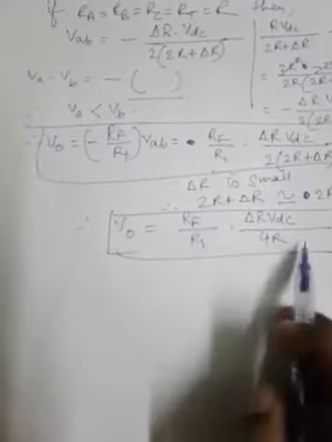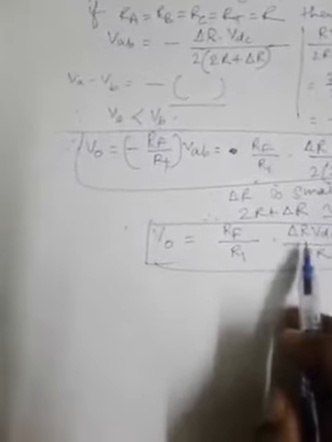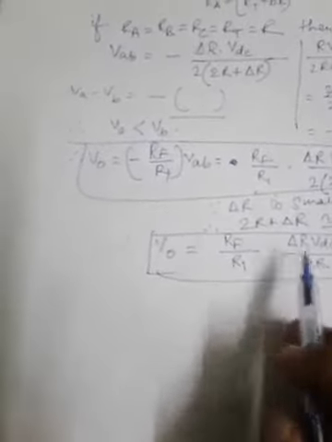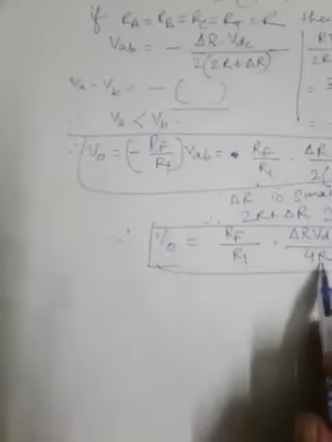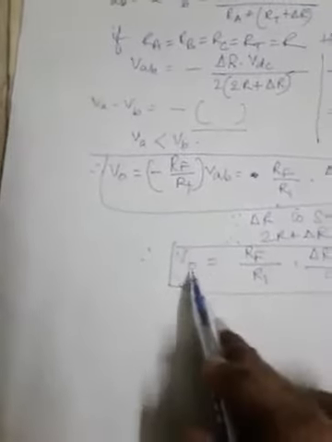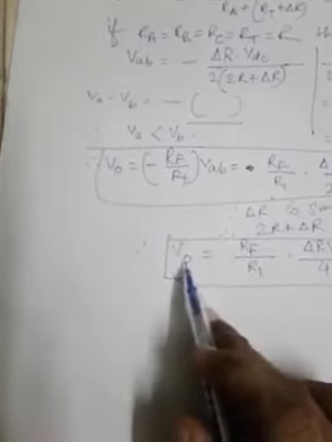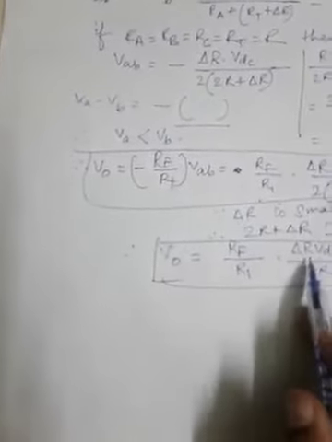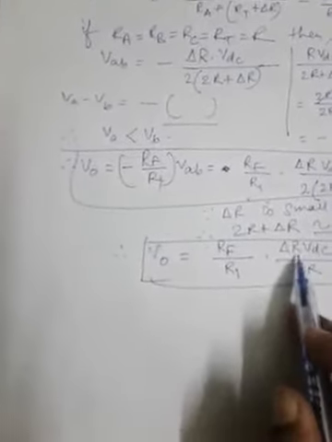and this equation indicates that VO, the output voltage, is directly proportional to the change in resistance delta R of the transducer, because other values RF, R1, R, VDC are constant, so the only variable is delta R, and VO will change in proportion to delta R. So VO will come according to how much the delta R is being measured in terms of its physical quantity.